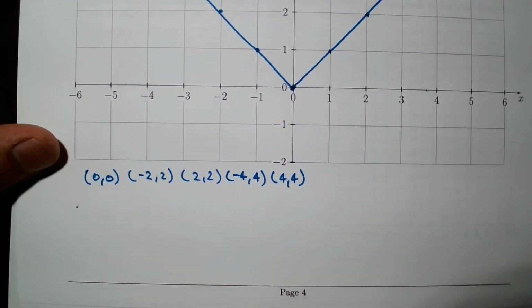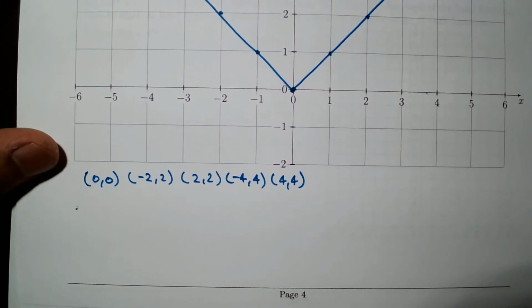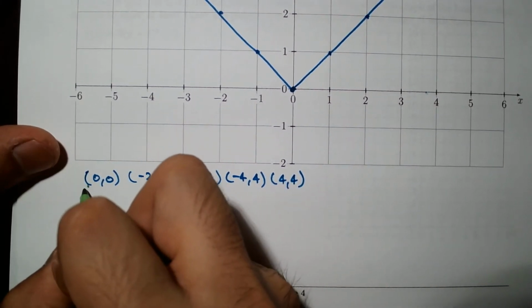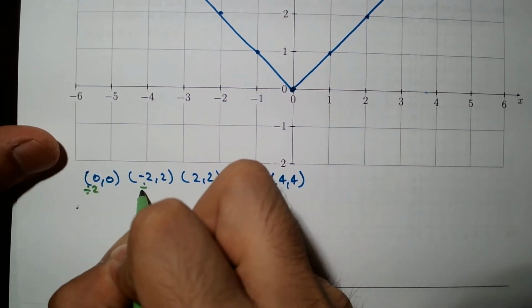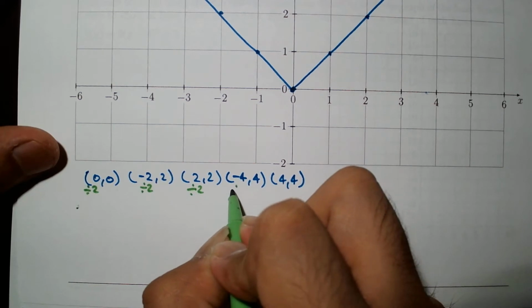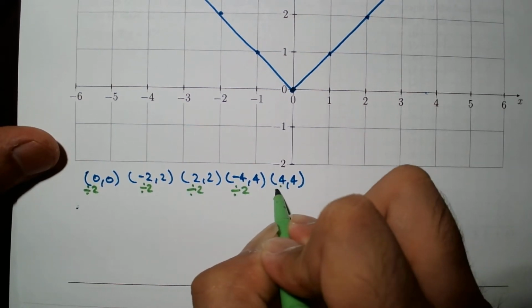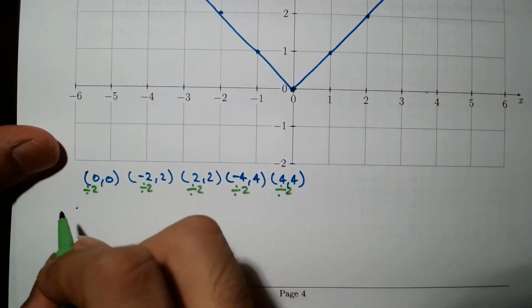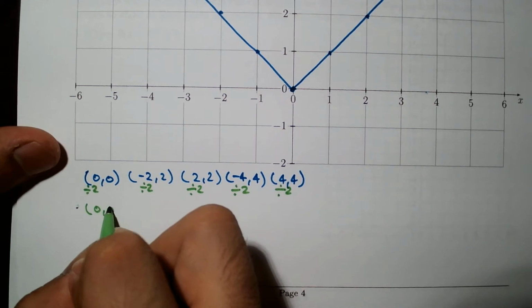So what are we going to do? Divide the x coordinates by, in this case, 2. So divide by 2, divide by 2, divide by 2, divide by 2, divide by 2. Okay, only the x values. So 0 over 2, well, it's still a 0.